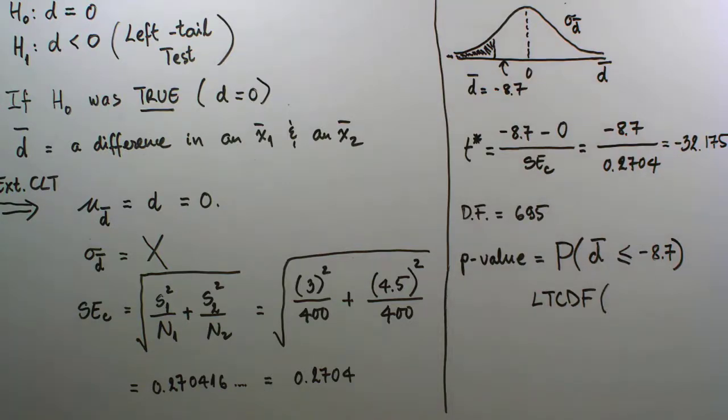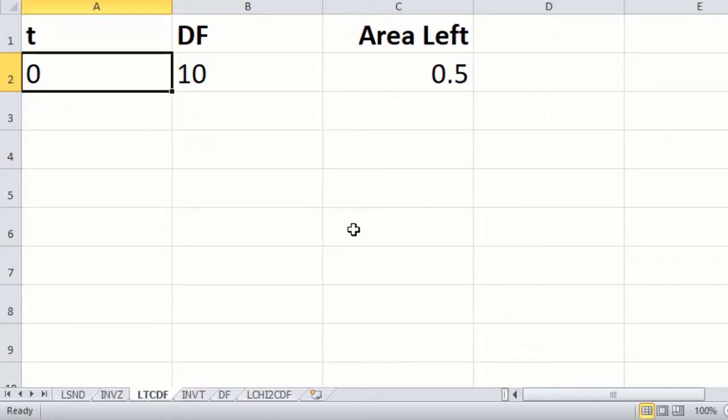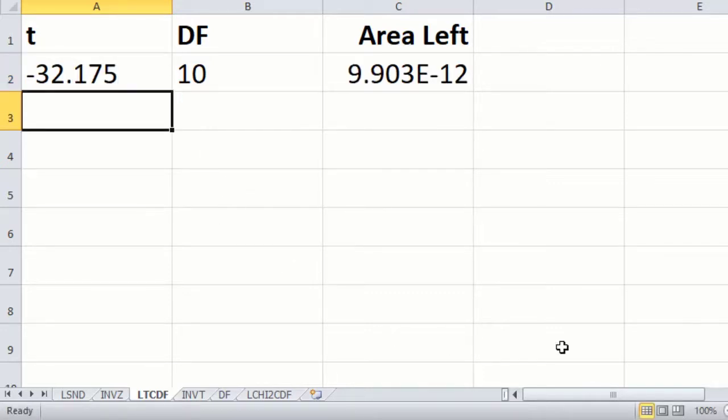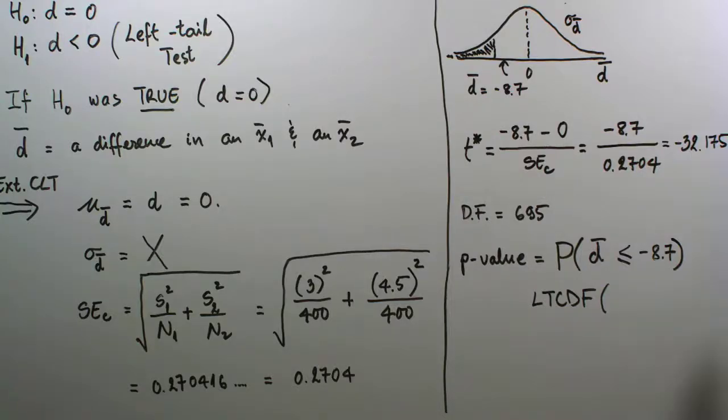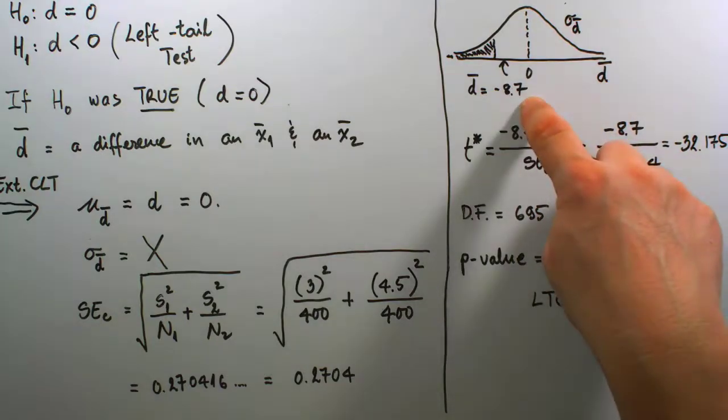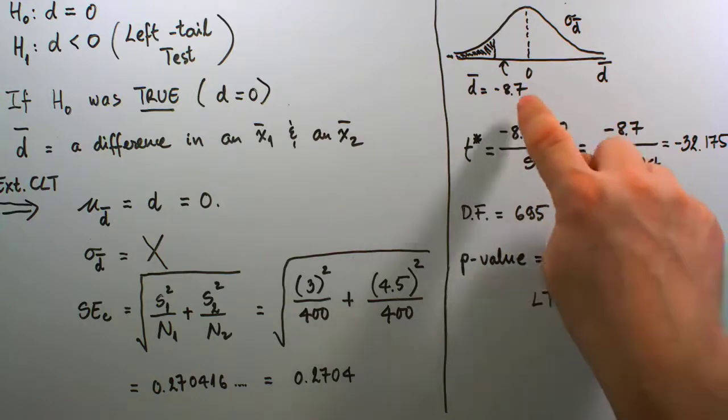And again, my little LTCDF program can become useful again. With my LTCDF program, I am going to enter minus 32.175, because that is the T star equivalent for the sampling difference at this value, negative 8.7.